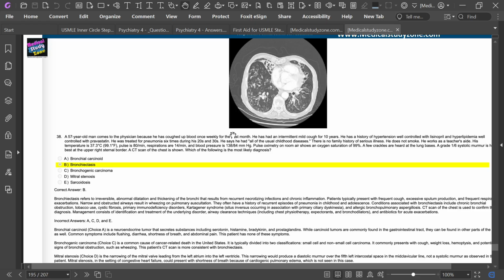The dilated bronchioles? I don't know. No, tram tract sign may be found. Tram tract sign is like a thickened, non-tapering bronchial wall, and signet ring. These two things can be found on X-ray: tram tract sign or signet ring.